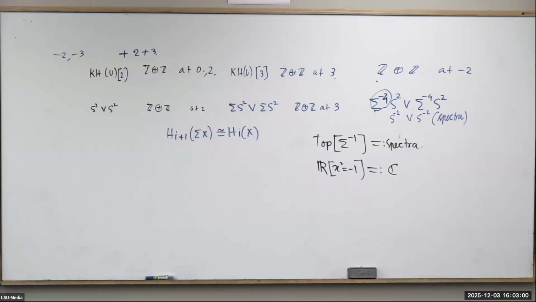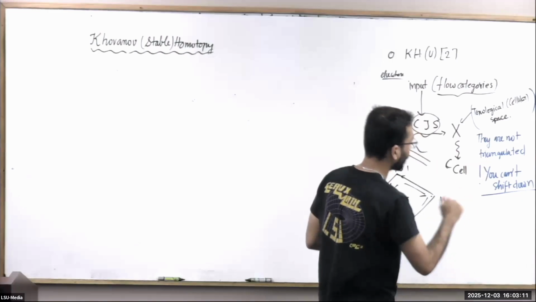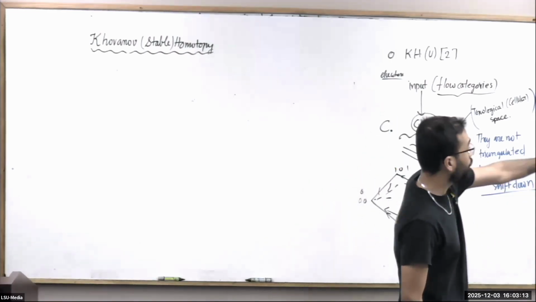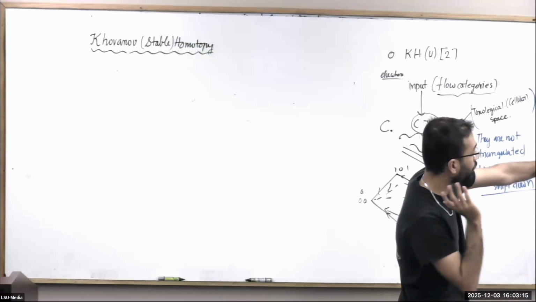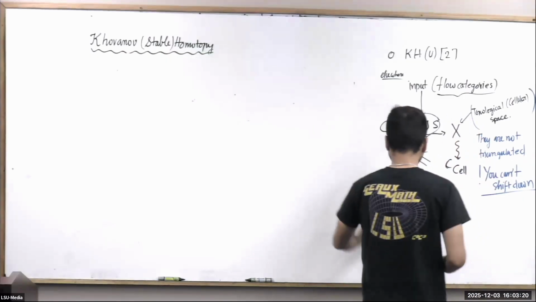The other benefit of talking about spectra is that you can take homotopy colimits. That feature unlocks another analogous definition for doing Khovanov homotopy, where if you do not like all this geometry, you get to sweep it under the rug and compute it manually.